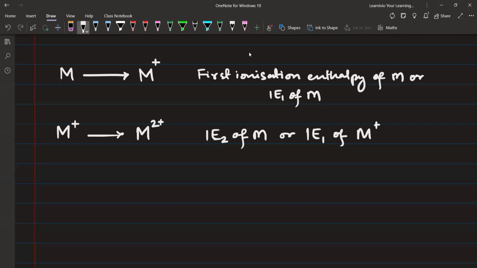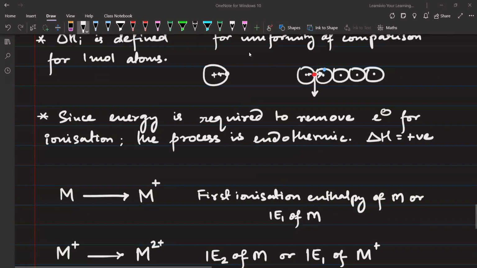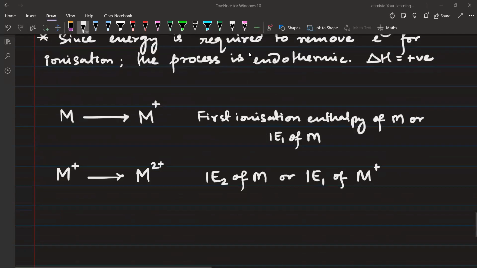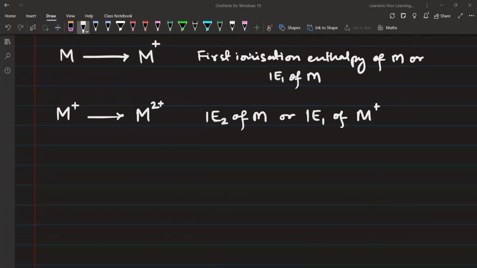Second ionization enthalpy means that you are removing the second most loosely bound electron. The first ionization enthalpy means you are removing the first most loosely bound electron from the metal or any element. Second ionization enthalpy means you have removed one electron, and now the second most loosely bound electron will be removed. But from M positive, we are removing the first most loosely bound electron.